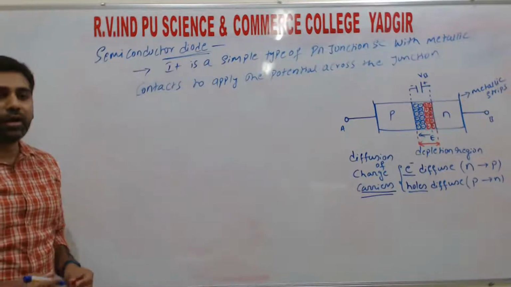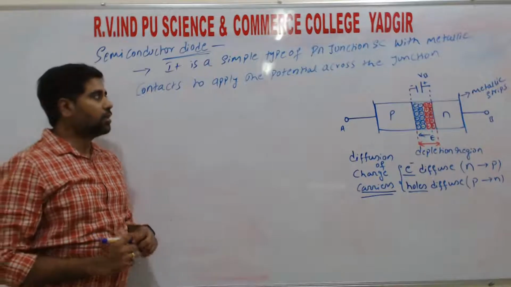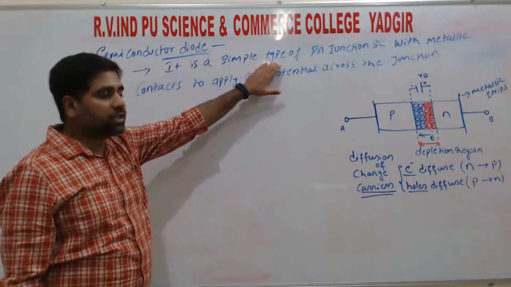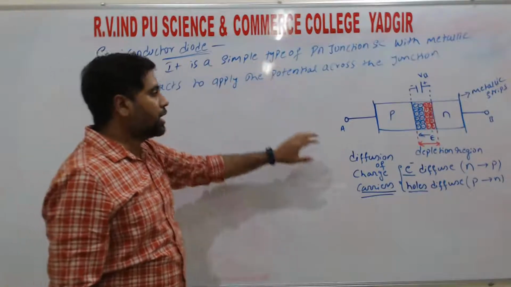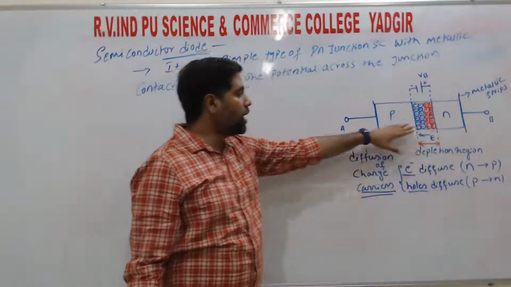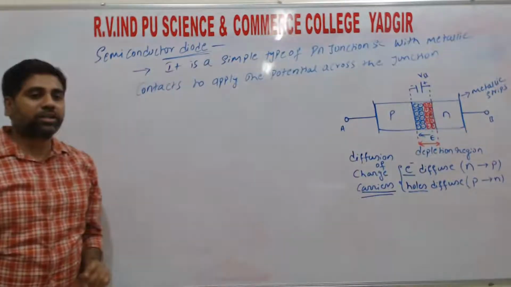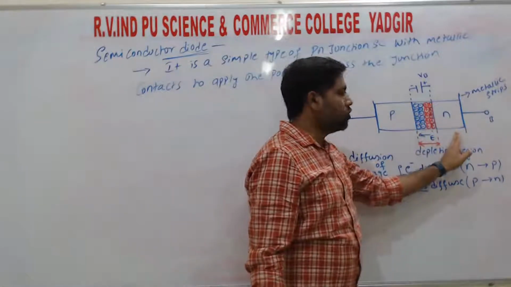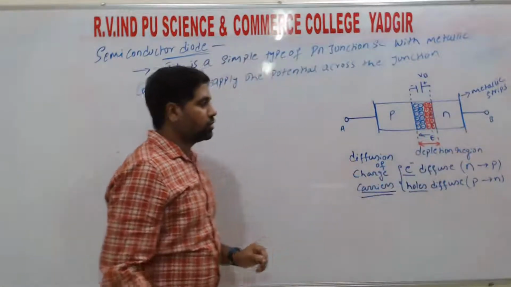So a semiconductor diode is a device. It is a simple type of PN junction semiconductor connected with two metallic strips on either side for the application of the external potential. That means we can connect this PN junction to the external source, right?